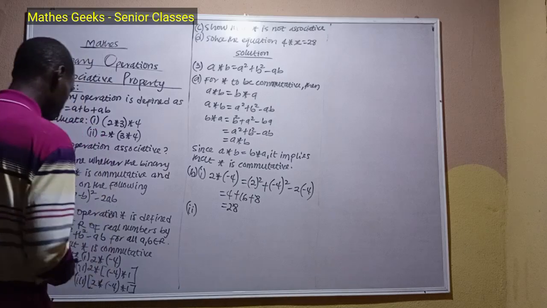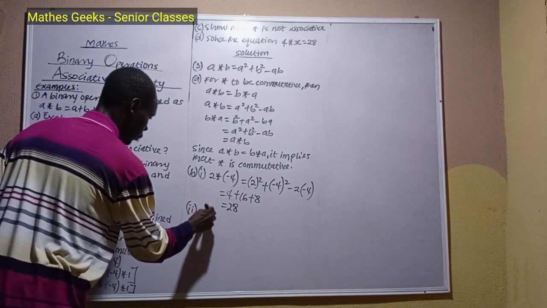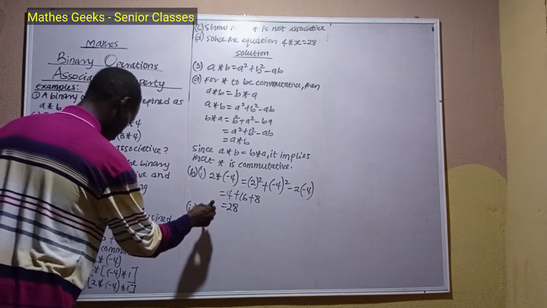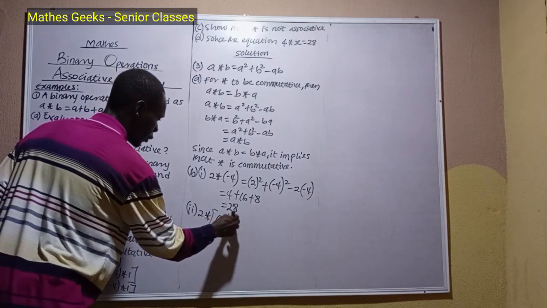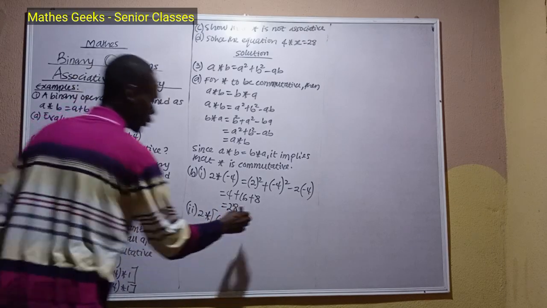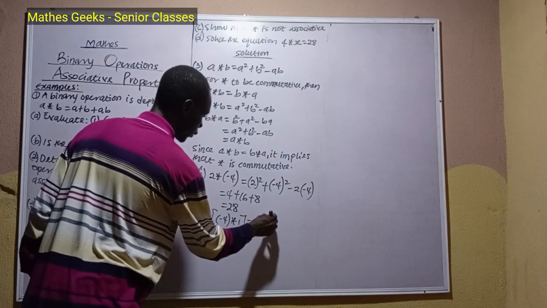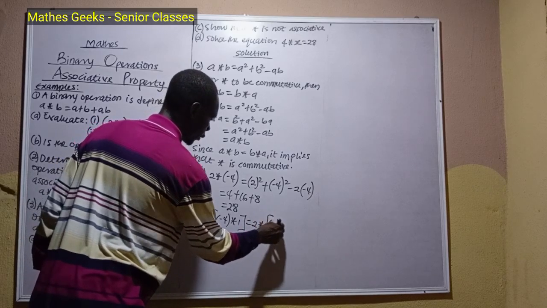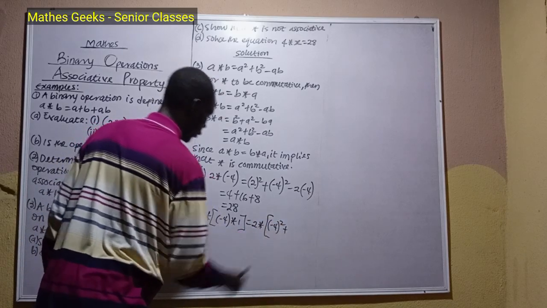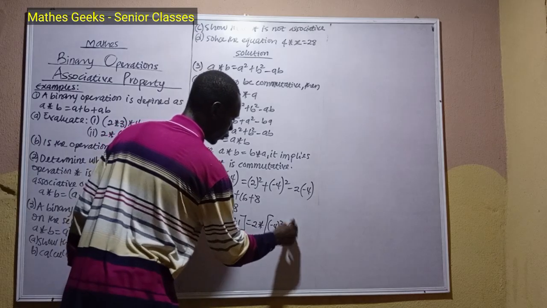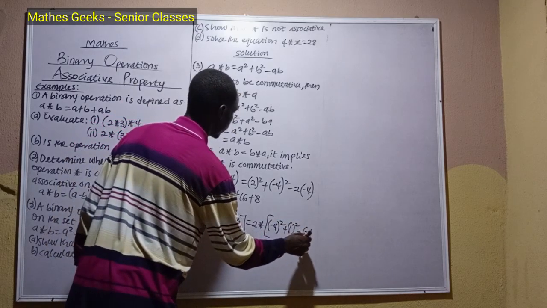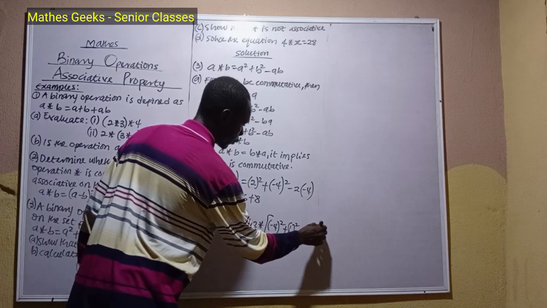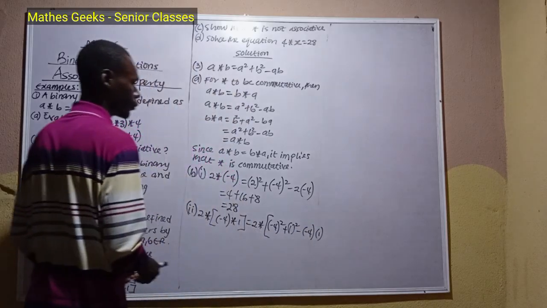Next, 2 star (minus 4 star 1). So this is 2 star (minus 4 squared plus 1 squared minus minus 4 times 1).